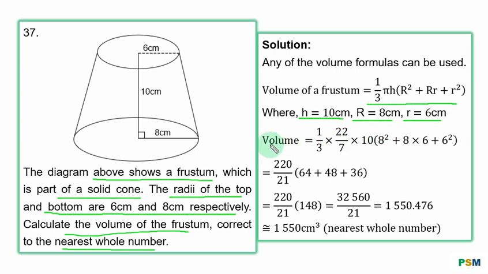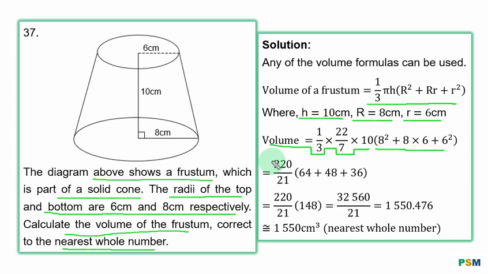Therefore, volume is equal to 1/3 times 22/7 times height 10. Bracket open, you have 8 square plus 8 times 6 plus 6 square.